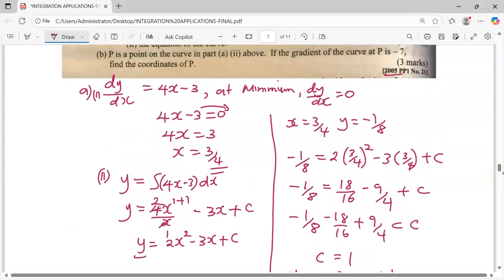We are told P is a point on the curve in part A, Roman 2 above.